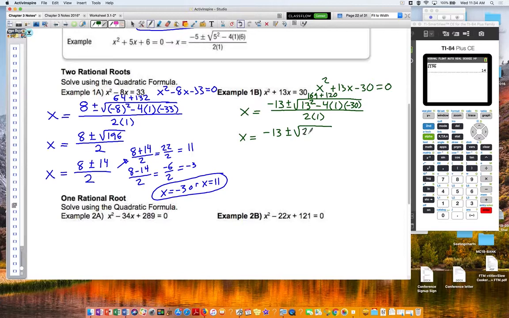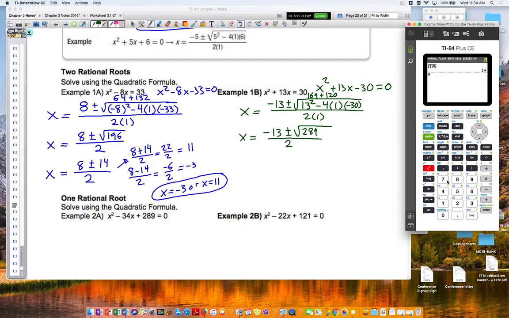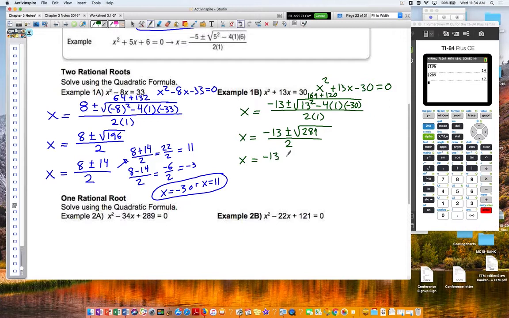Add those together, I get 289, all over 2. The square root of 289, I believe, is 17. Let me hit enter there. There it is, 17. So x equals negative 13 plus or minus 17 all over 2. So x equals negative 13 plus 17 divided by 2, which is 4 over 2, which is just 2. That's one solution. Negative 13 minus 17 divided by 2, that's negative 30 over 2, which is equal to negative 15.